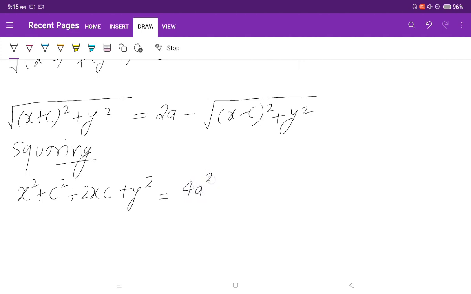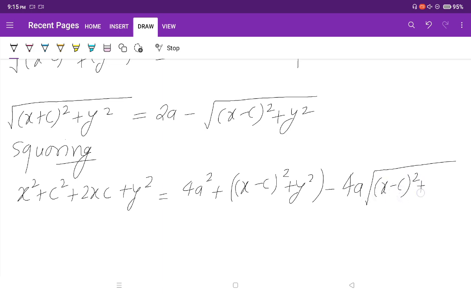So we have 4a squared plus (x minus c) squared plus y squared minus 2 times a and b, that is 2 times 2a, that is 4a times the square root of (x minus c) squared plus y squared, correct?